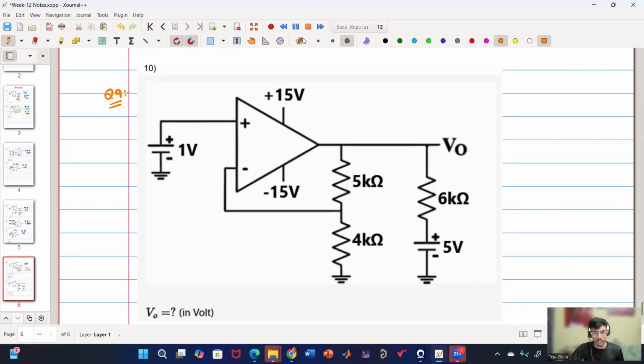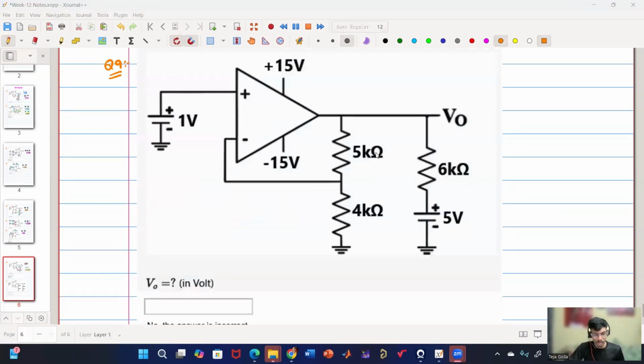How to solve for V naught? 1 volt, sir, for the minus terminal, which is 1 negative terminal. Okay, this is 1 volt. Then how to solve for V naught? Anyone?